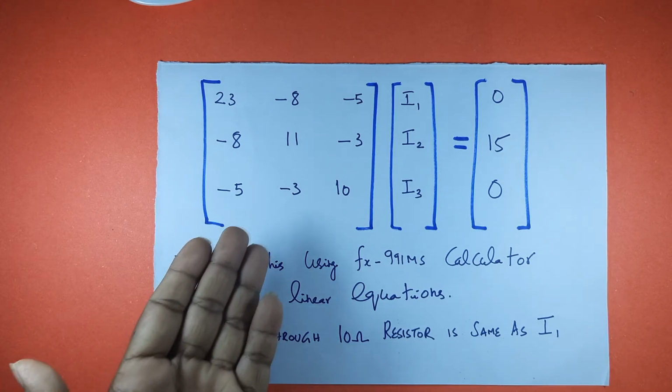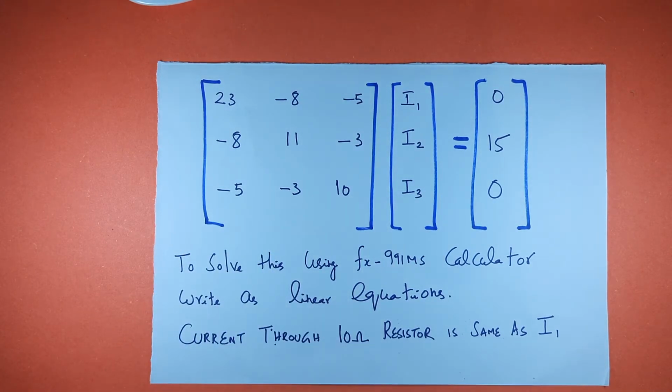So you must write this as a linear equation. If you recall the first diagram, we have to find the current through the 10 ohm resistor. The current through the 10 ohm resistor is nothing but the I1 current. The 10 ohm resistor is in loop 1.